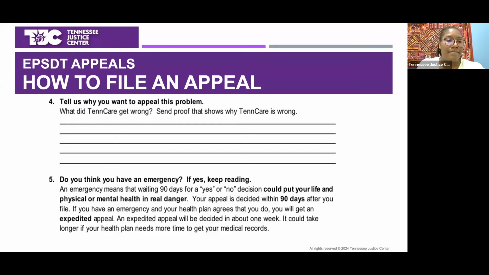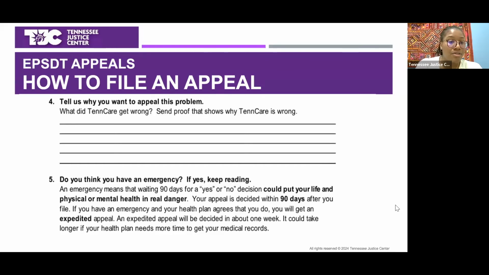And then you'll have a space to explain exactly what TennCare got wrong in a certain situation. A lot of times, because EPSDT is granting you coverage for medically necessary treatments, if it's denied, it's because TennCare disagrees that something is medically necessary.